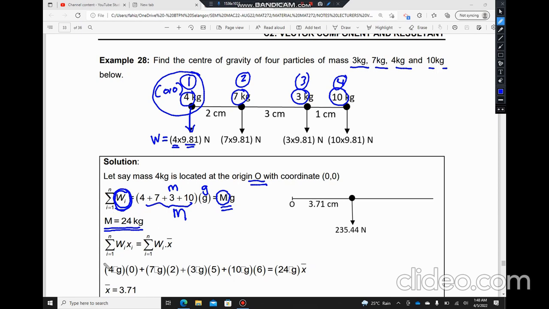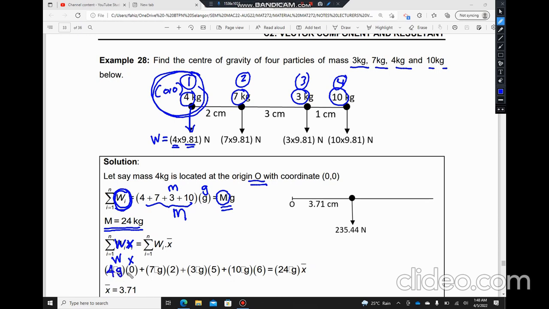Okay, next. Bila kita dah dapat m, setiap satu kita boleh kira secara one by one. So this one, Wx, maksudnya weight kita darab dengan distance. Weight untuk yang first ni, since dia adalah 4, so 4 and then g.